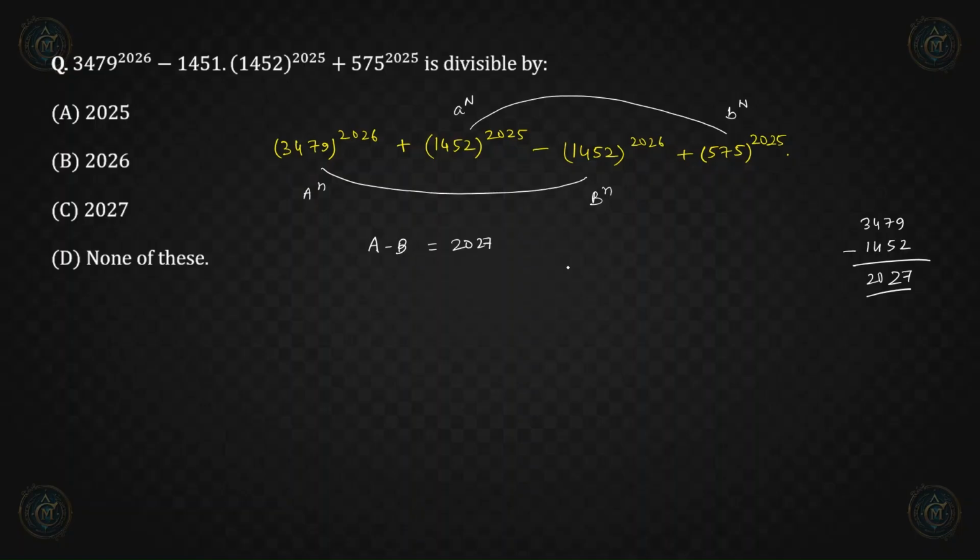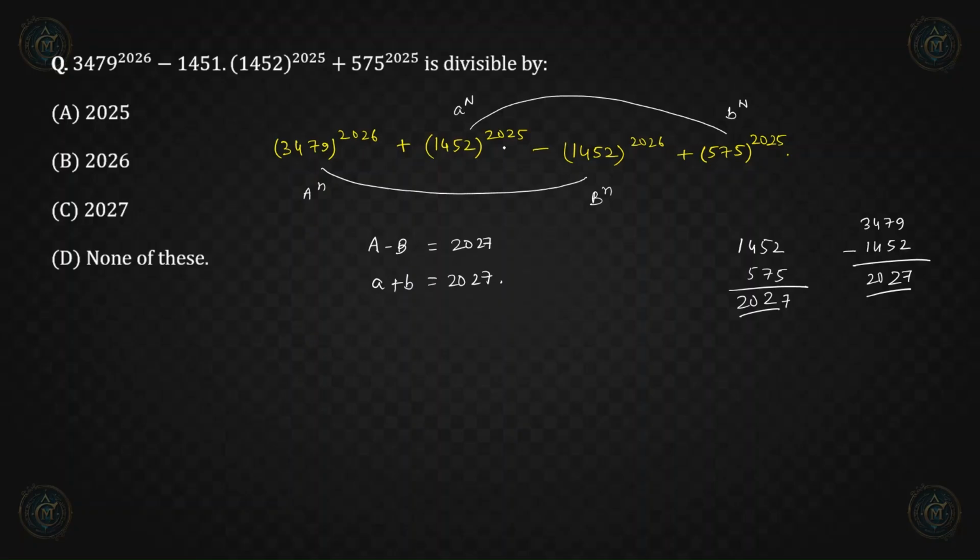Now if we check these two terms here, 1452 and 575, their sum is 2027.